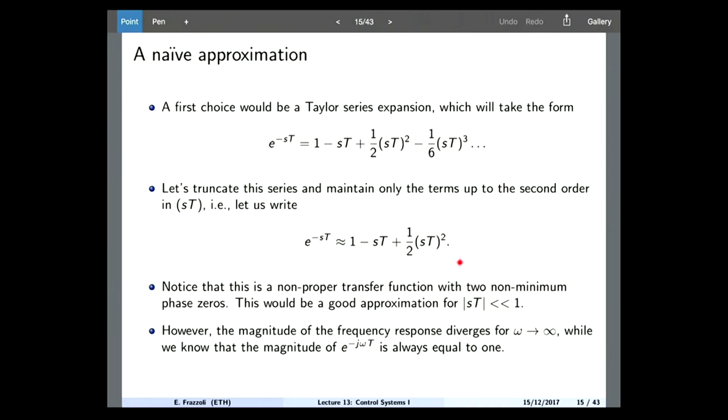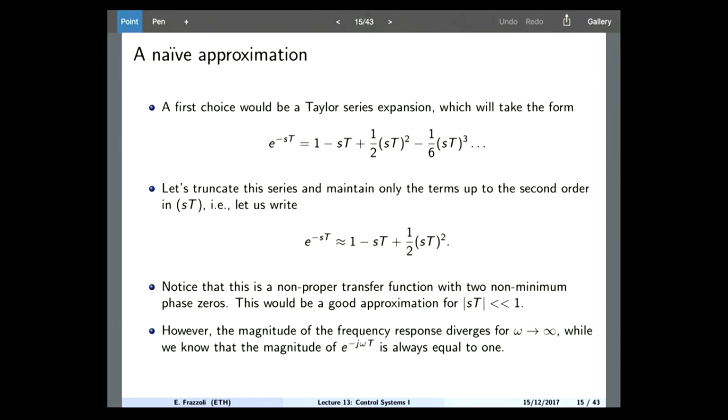We can truncate it and, let's say, only maintain the first two terms, okay? Notice that this is a non-proper transfer function, right? With two non-minimum phase zeros. It's already bad news. This would be a good approximation for small sT, okay?